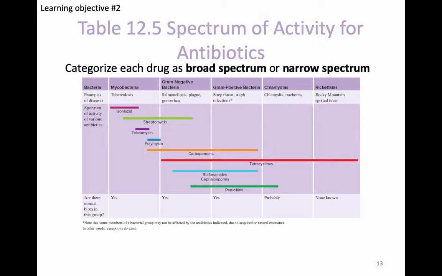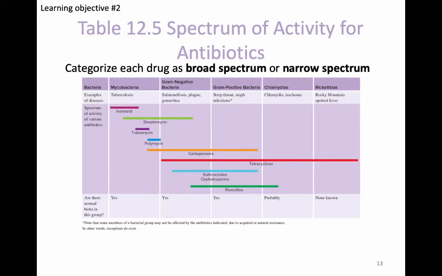We would also consider the spectrum of activity for antibiotics. So this could be established through the use of Kirby-Bauer plates. So some antimicrobials have a very broad spectrum of activity, which is the case with tetracyclines.